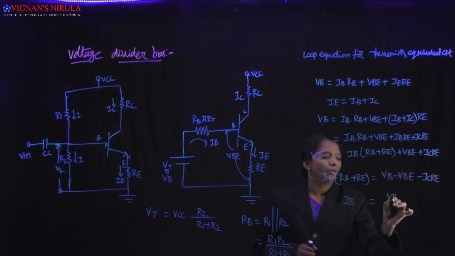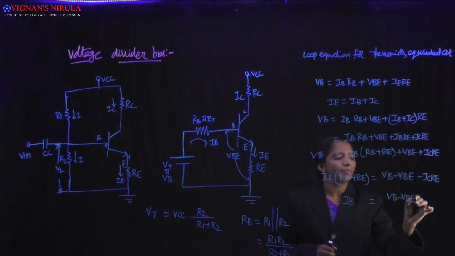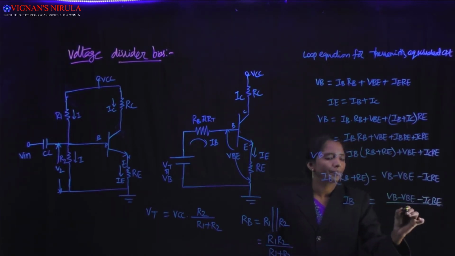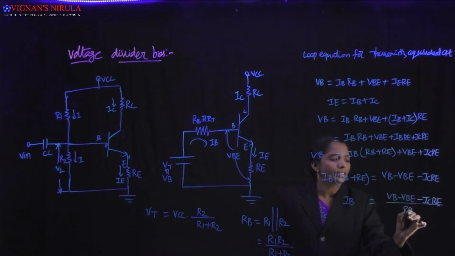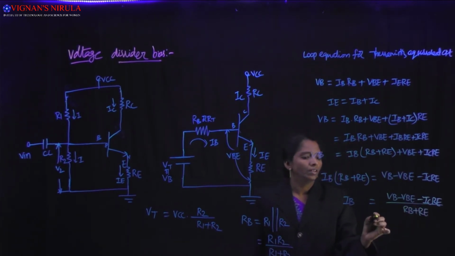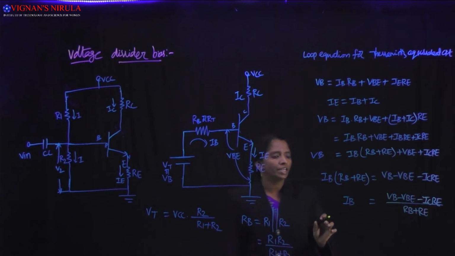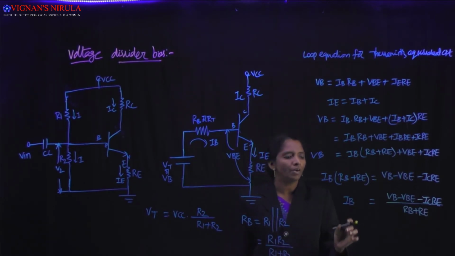Then IB equals VB minus VBE minus IC into RE divided by RB plus RE. Now differentiating both sides with respect to IC.